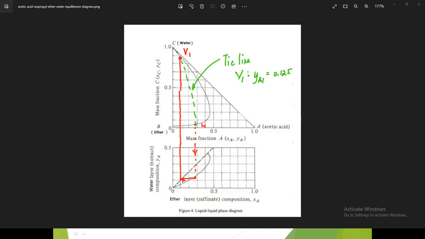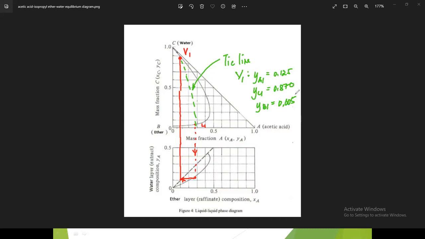In this case, I'll just approximate. And then you will have your YC1, which is more or less equal to 0.870. Your YB1 then, taking the sum of these two and subtracting it from 1, will be 0.005.